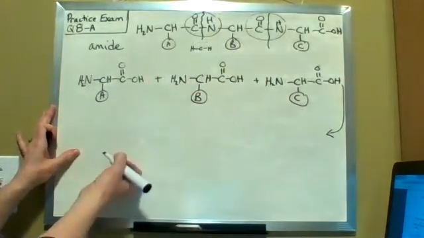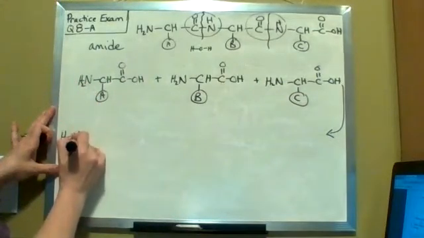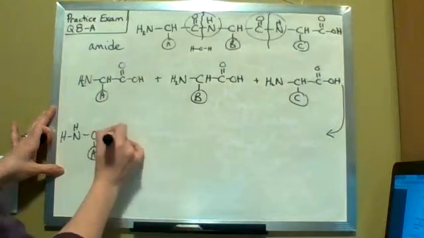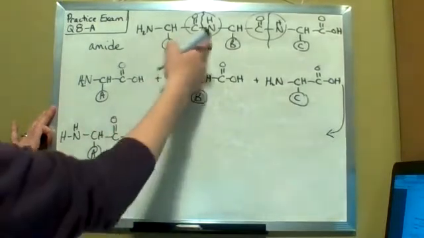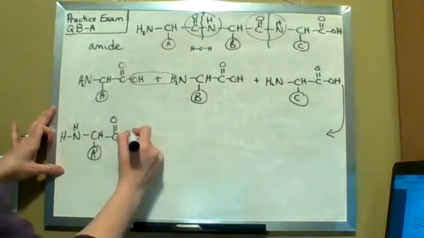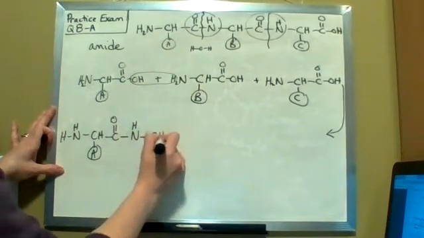I'm going to write out the ends, just kicking that one out for now. So NH, and write this out. Just like above, you're kicking out a water. You get rid of a water, so you're going to make a new CN bond. That's our amide functionality.